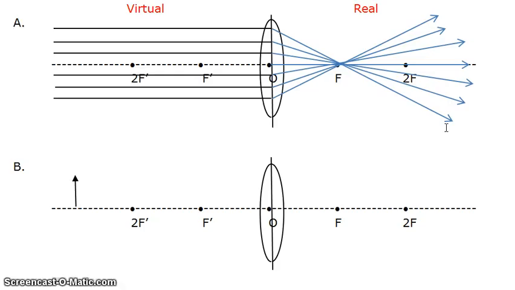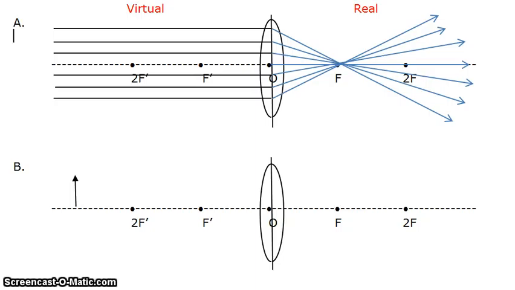Alright, let's go ahead and get started on working this one down here. We have our object, which is way out past 2 times the virtual focal point. Lenses, again, have 2 virtual focal points. F prime is the virtual focal point, and regular F is the real focal point. So the first thing I want to do is label the 2 sides.